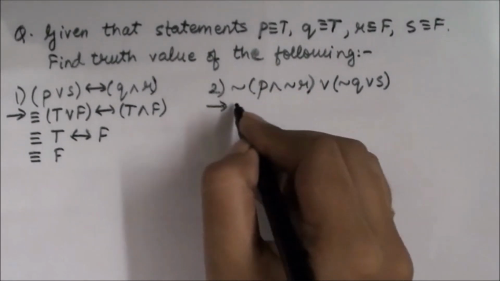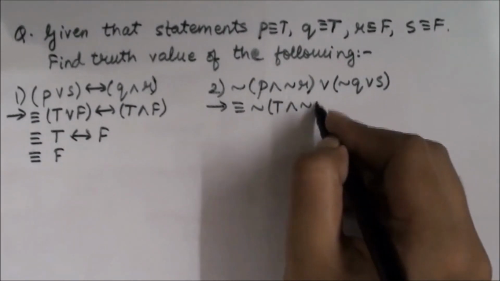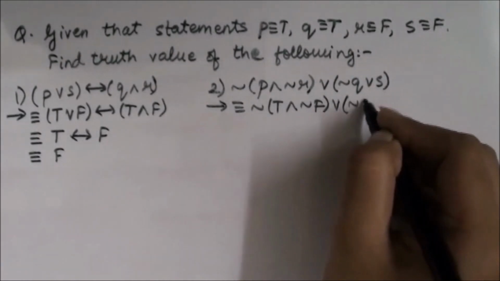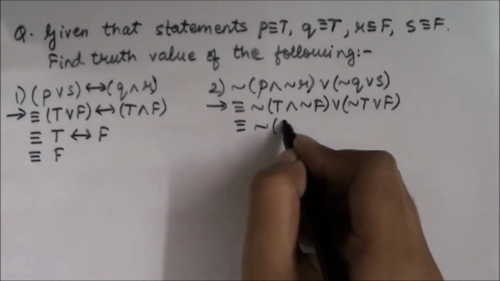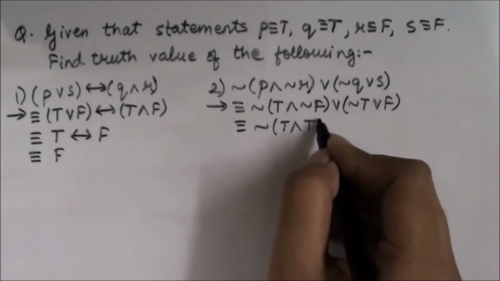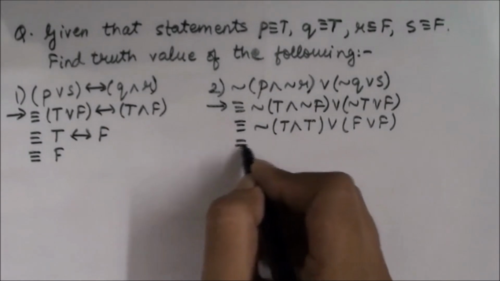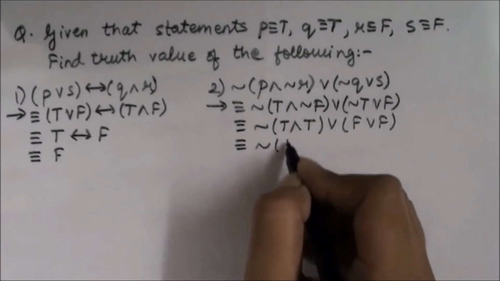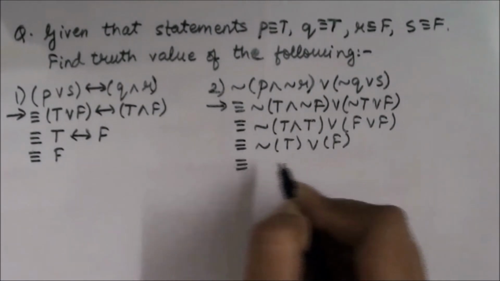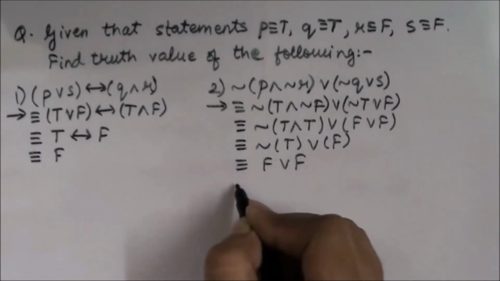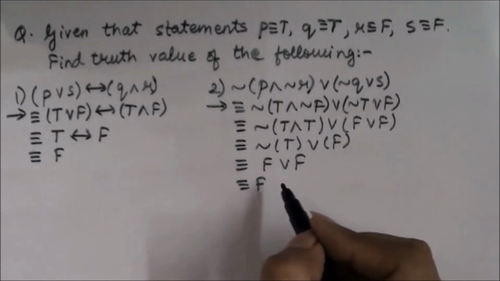So this will be negation of T and negation F or negation of T or F. So this will be negation of T and T because negation of F is T, or F or F. Negation of T is F. Now we know that T and T is T or F is F. So this will be F or F, and we know that F or F is finally F. So truth value of this complex statement is false.